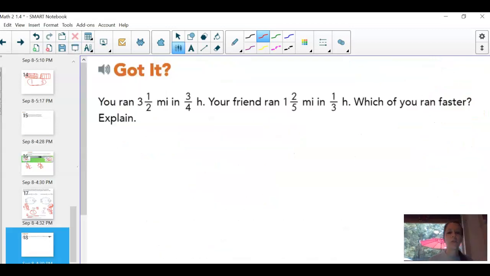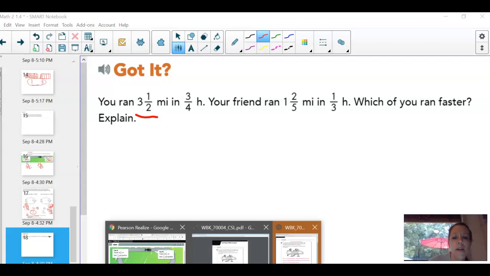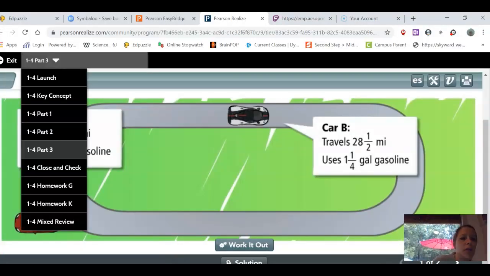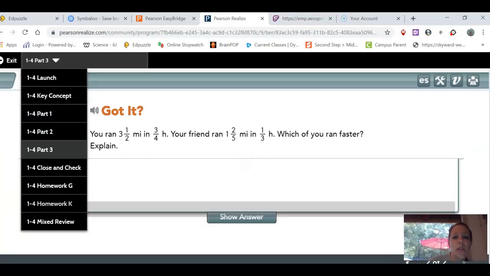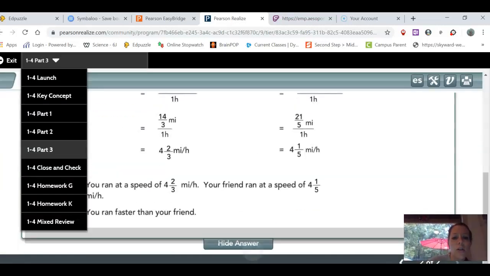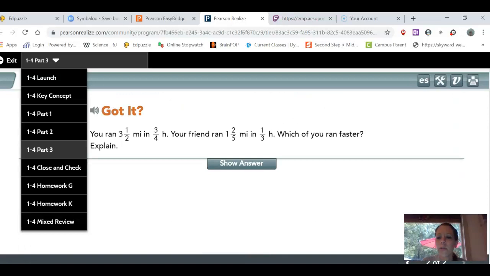Okay, so go ahead. Now you're trying to change mixed number to improper. So change mixed number to improper and divide it. Okay, that should give you that last one. So try that one together, see how you're doing. Make sure you're working together to help you. Then once you think you have it, it's going to show you the answer. So press show answer when you're done.